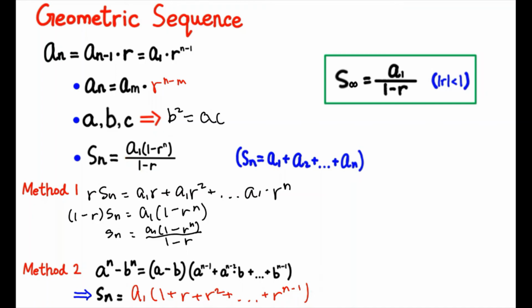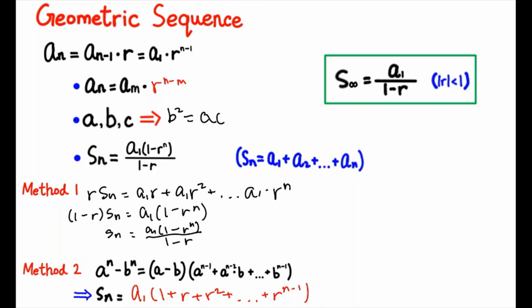Or is it? Because we have this over here, where S to the infinity is equal to a1 divided by 1 minus r. This is true if you say that r is equal to, I don't know, 1/2.